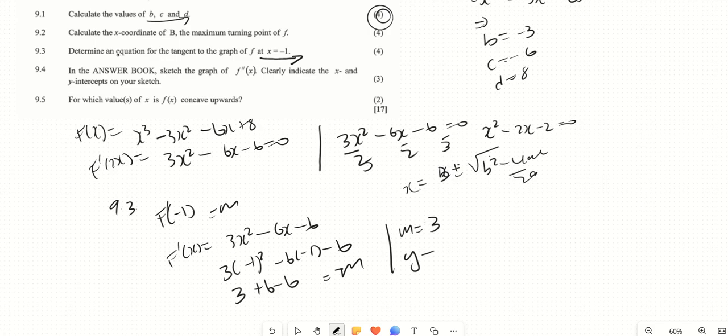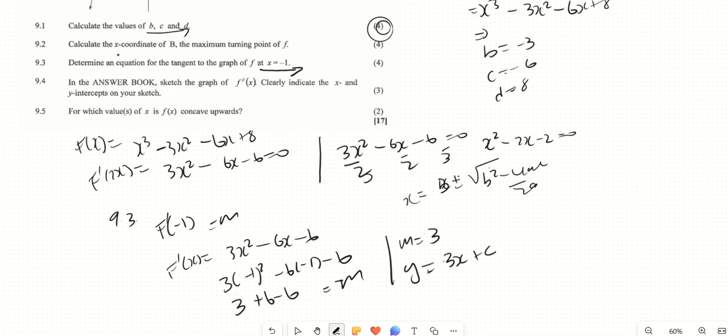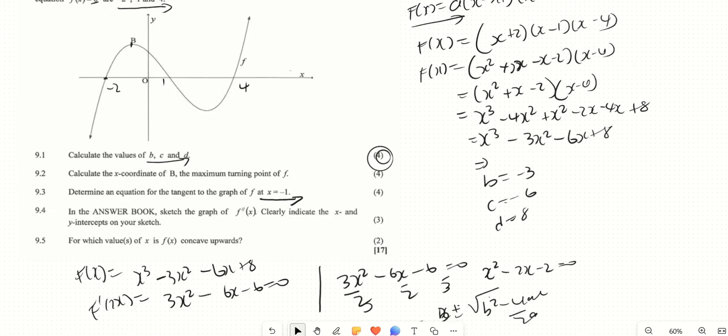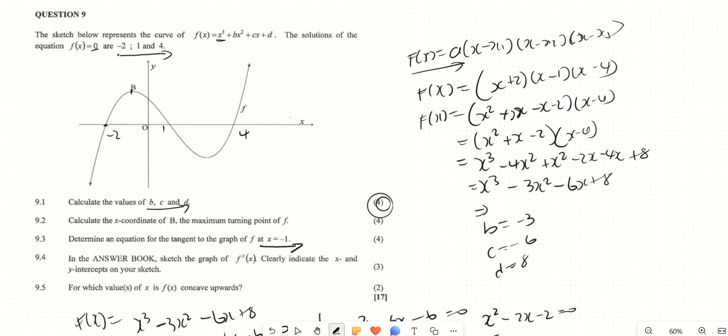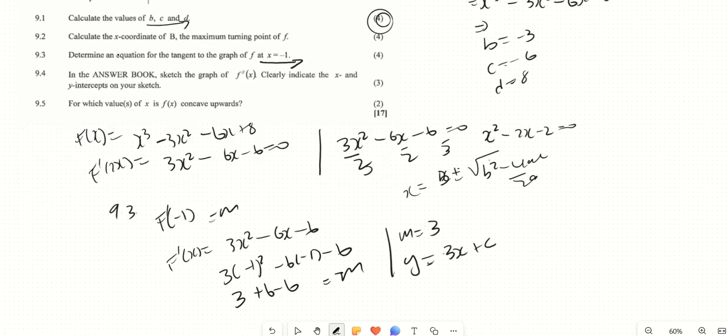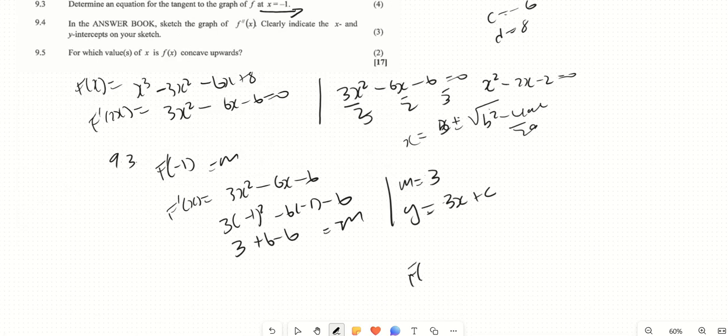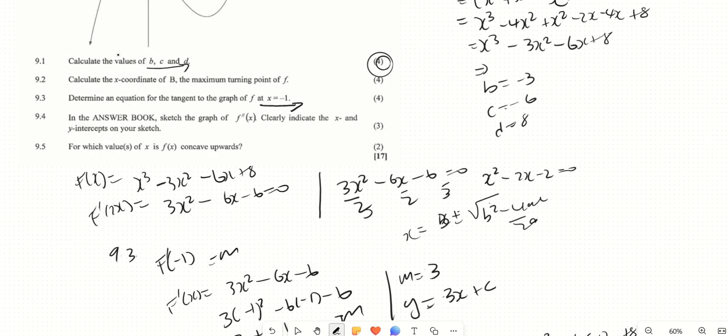Then I have y equals 3x plus c. Now how do we find c? Let me get the point of contact here. We want to put x equals -1 into f, so that I know the point of contact. f of -1 is -1 cubed minus 3 into -1 squared minus 6 into -1 plus 8.